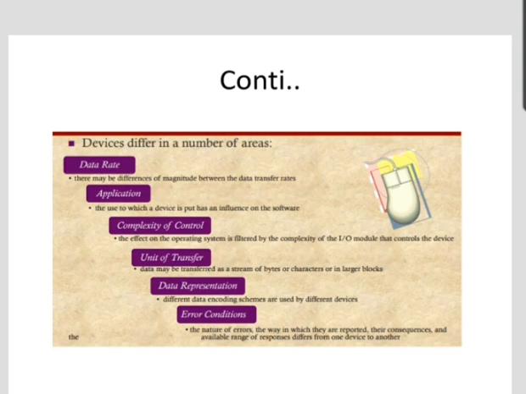Unit of transfer: data may be transferred as a stream of bytes or characters, or in large blocks. Data representation: different data encoding schemes are used by different devices. And error conditions: the nature of the error, the way in which they are reported, their consequences and the available range of responses differ from one device to another.